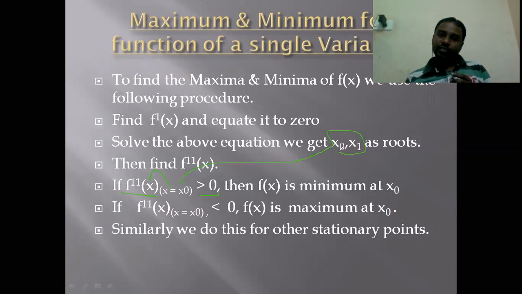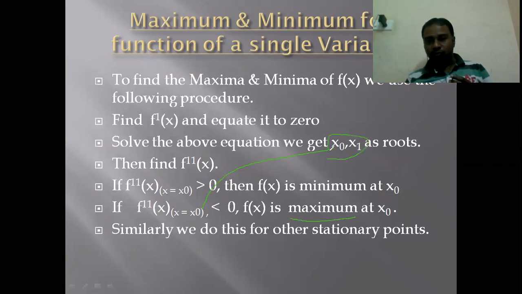I'm checking x equal to x naught after finding the second order derivative. If f double dash of x is greater than 0, then the function is minimum at that particular point. If f double dash of x is less than 0, then the function is maximum.